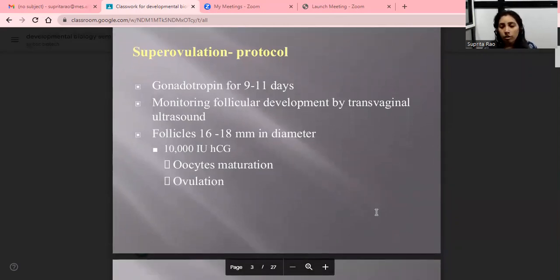Now, the next thing is how to go about this process of superovulation. As we already saw, these two hormones are going to stimulate the cells in the ovary to select some of the cells and then nourish them and turn them into an ovum. So it takes about 9 to 11 days for the gonadotropin to perform this function.